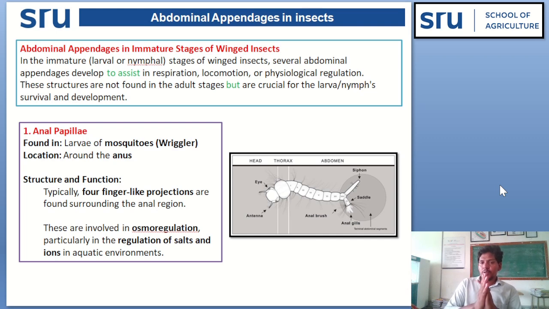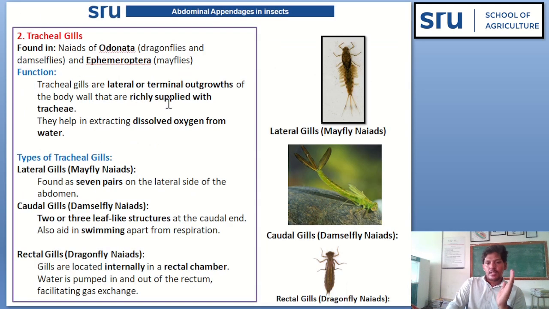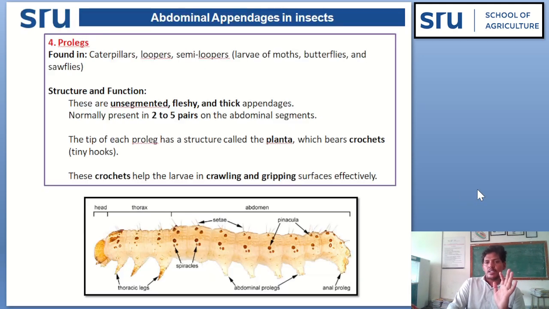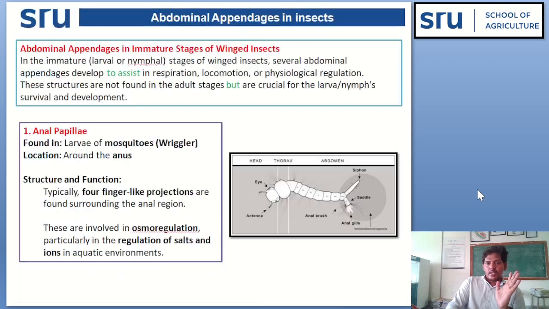Next, we are going to discuss abdominal appendages in immature stages of winged insects.